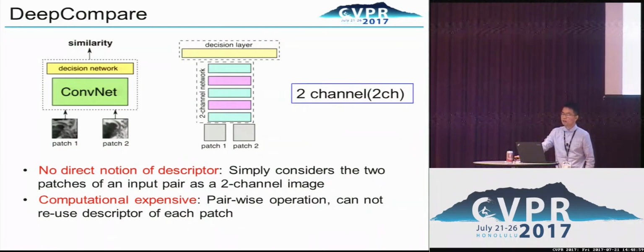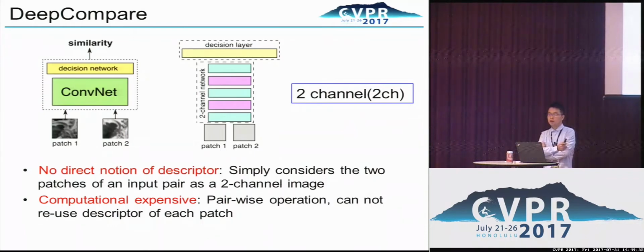In this network architecture, it takes two patches. The two input patches are stacked together and served as two channels of an input image to a CNN. This two-channel input image is then forwarded to a CNN with several layers of convolution, pooling, nonlinear activation, and finally a fully connected layer to output the similarity score of the two input patches.